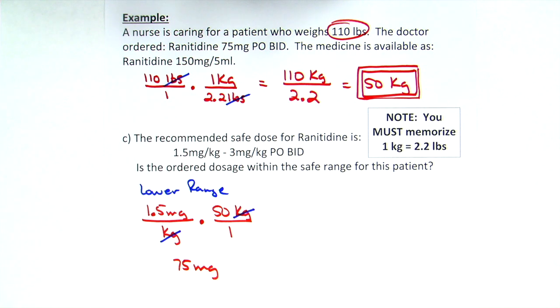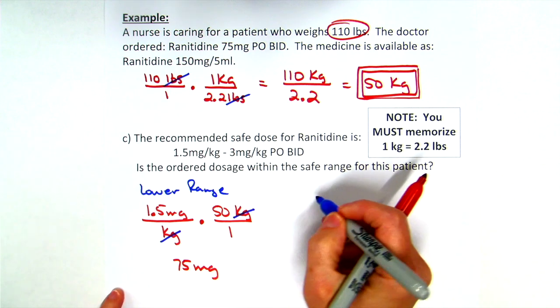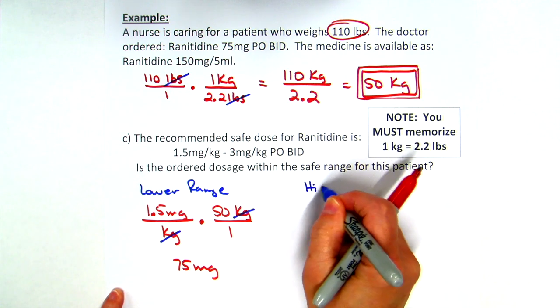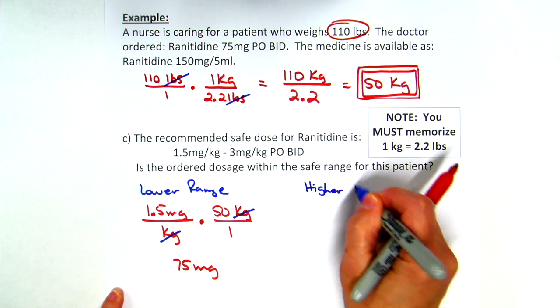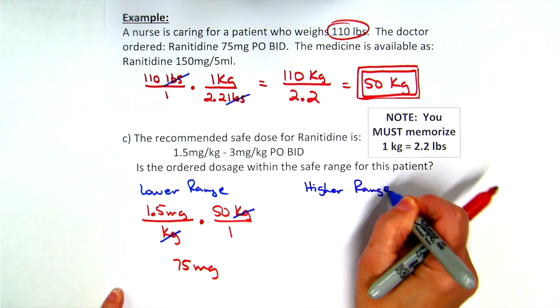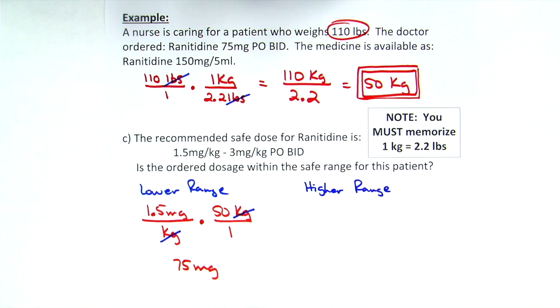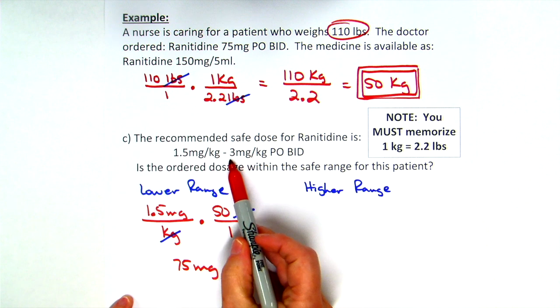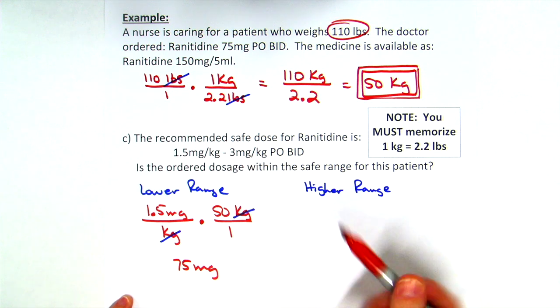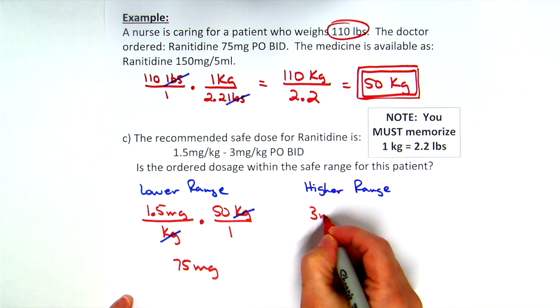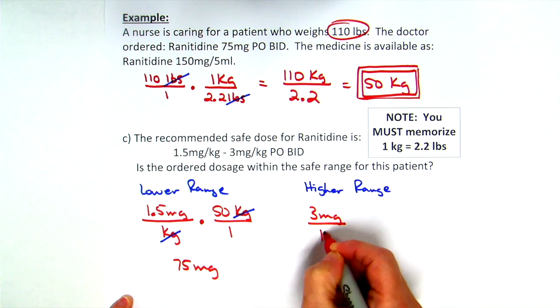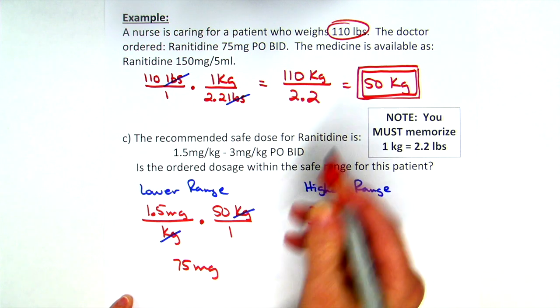All right, now I'm going to go ahead and do the higher end of my range. So my higher range. Just to be safe, to make sure this is going to fall in here, I'm going to take my 3 milligrams per kilogram. Again, I want to consider the patient's weight.